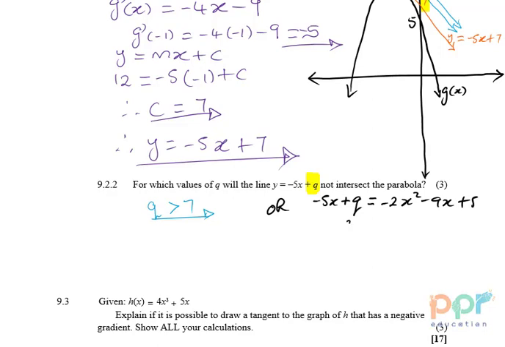Then your value of q will be equal to, if you collect the like terms and then complete the square, minus 2 into x plus 1 all squared plus 7. Then this 7 will also come out as a value of q, meaning q must be above 7.